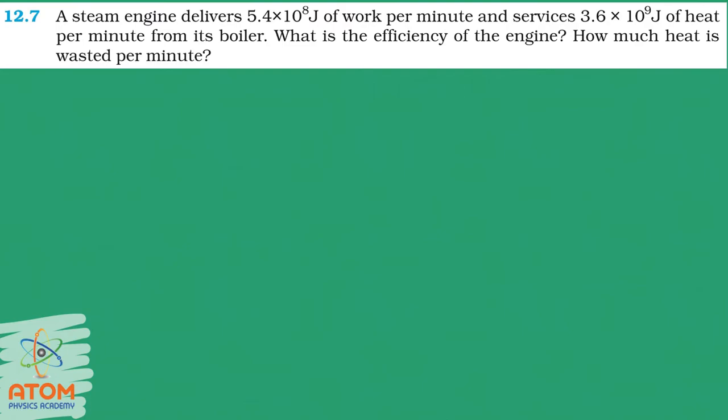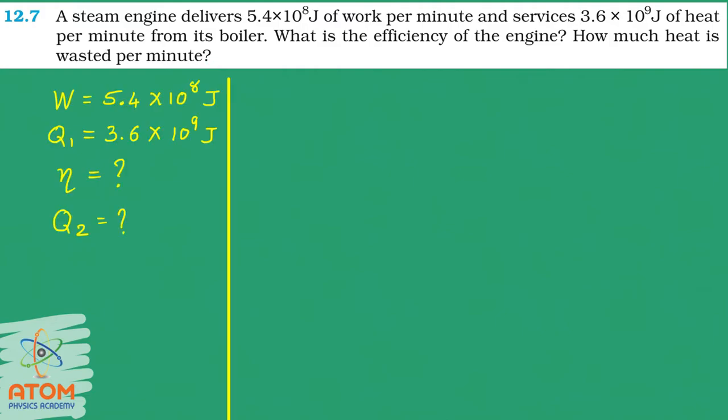See, here this is about an engine. It gives 5.4 into 10 raised to 8 joule of work and it uses 3.6 into 10 raised to 9 joule of heat, and we have to find out the efficiency, as well as how much heat it will release in the cold surrounding.